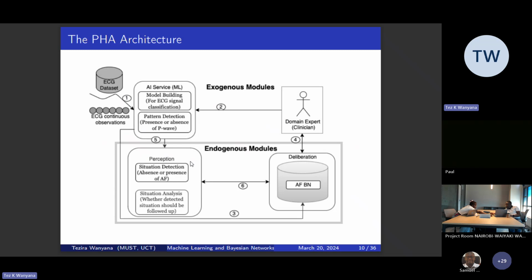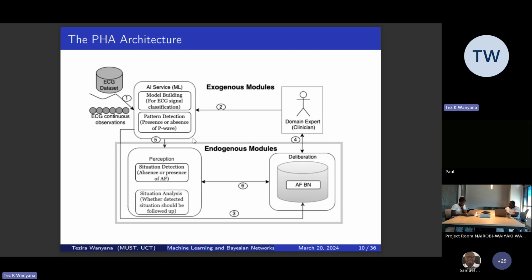I'll start by telling you exactly what the PHA architecture, or the personal health agent architecture, looks like. What we had for our agent was an external AI service. We called it an AI service because most of the literature on agent programming in the machine learning era calls it an AI service, whereby the machine learning is used in relation to the agent to achieve some tasks.